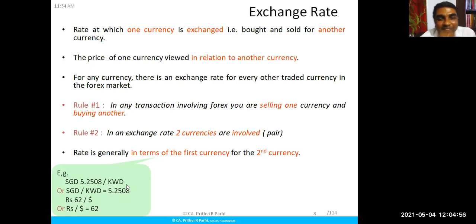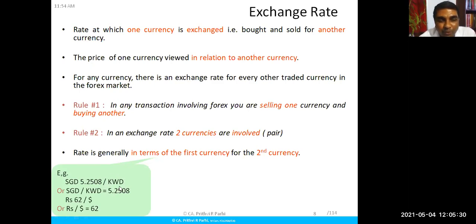So when I say in terms of the first currency for the second currency, I read again: a rate is generally in terms of the first currency. What is the first currency? Singapore dollar. So the rate is expressed in these terms for the second currency. What is the second currency? Kuwait dinar.